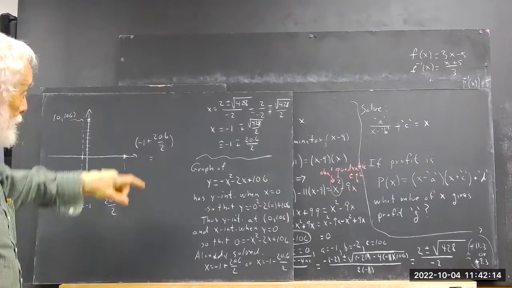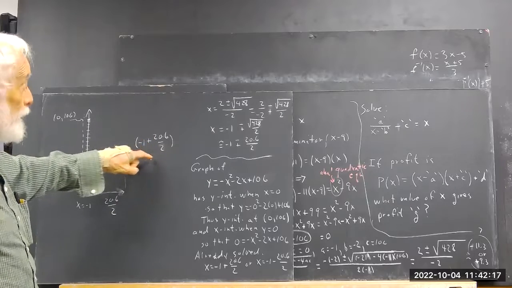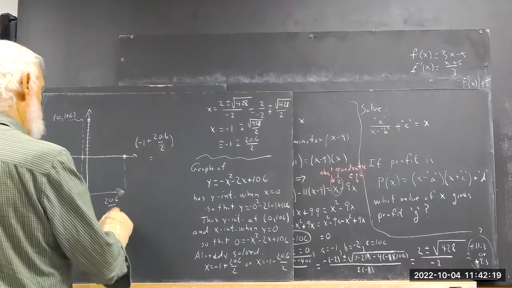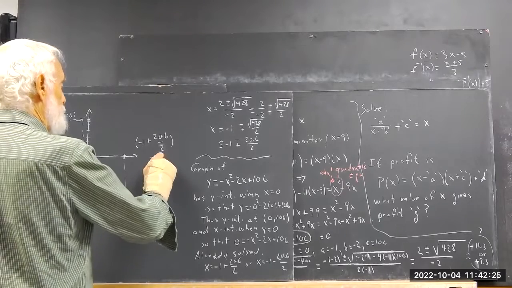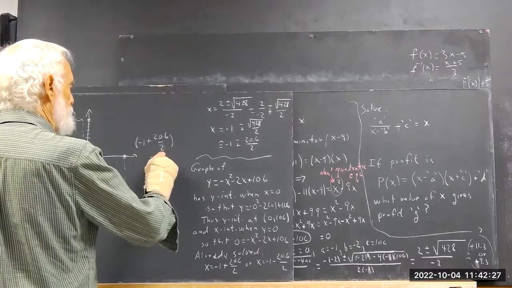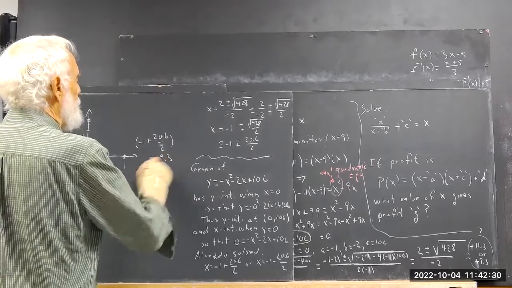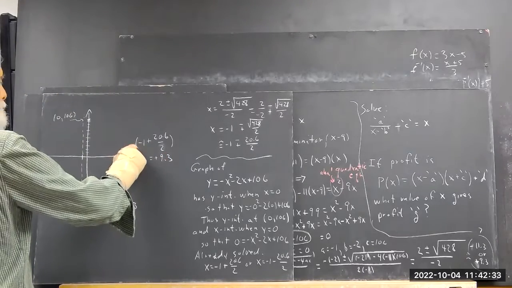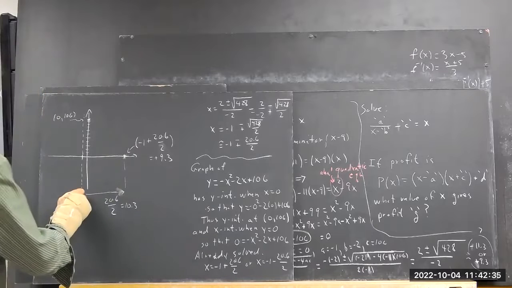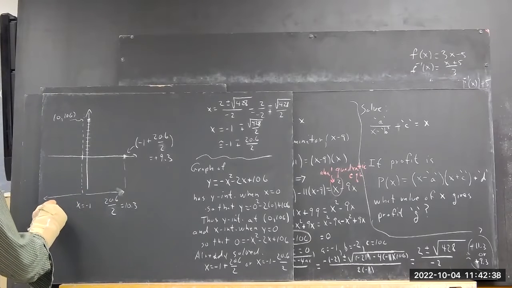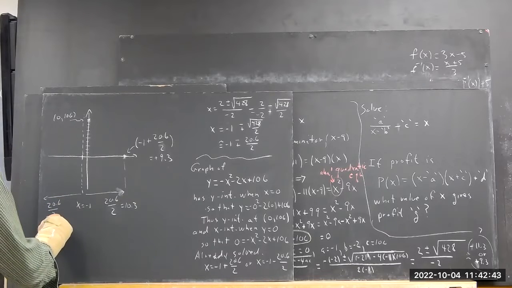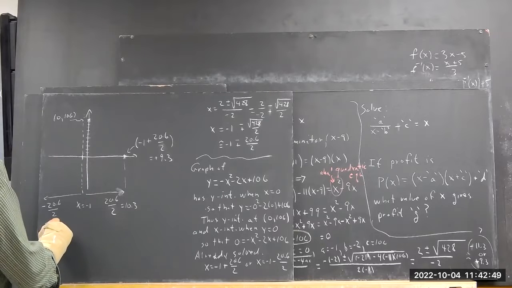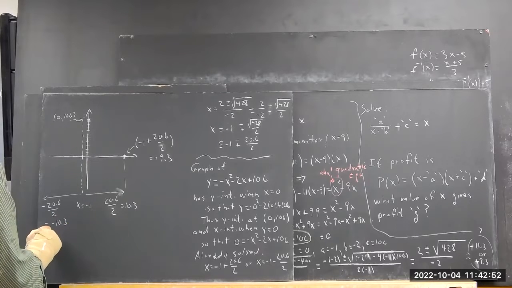Okay. So 20.6 over 2 is 10.3. -1 plus 10.3 is positive 9.3. So there's my point. Now, if I go to the left, I'll call that -20.6 over 2, which is -10.3.